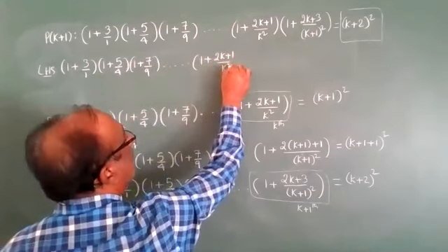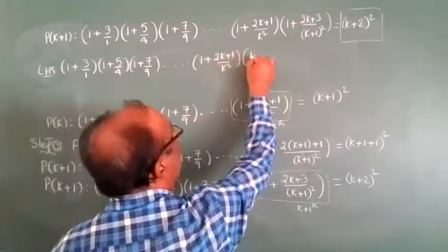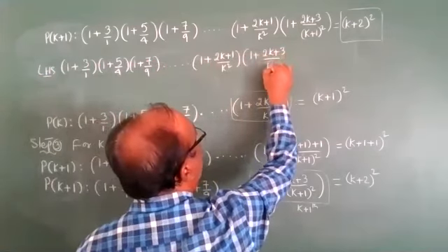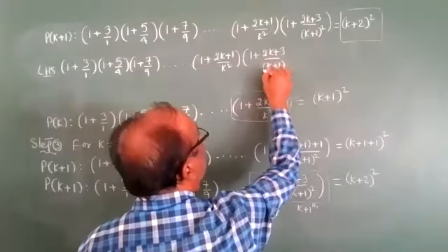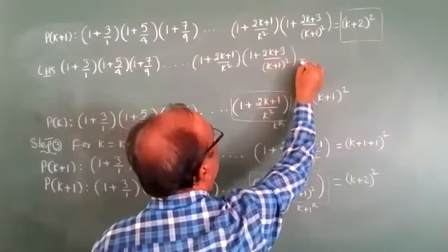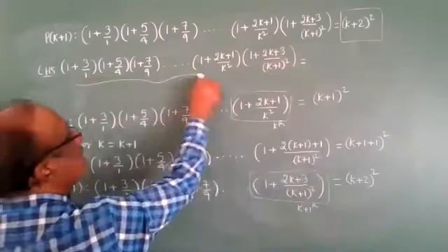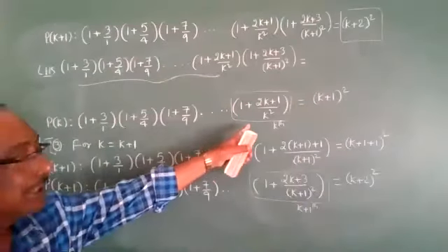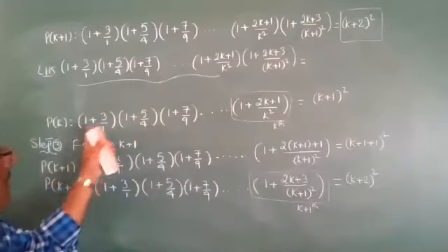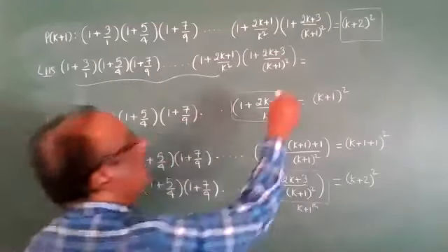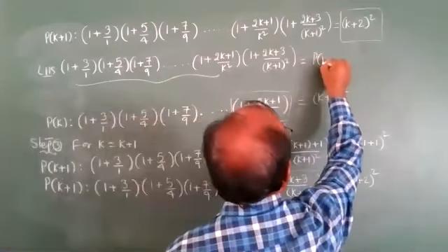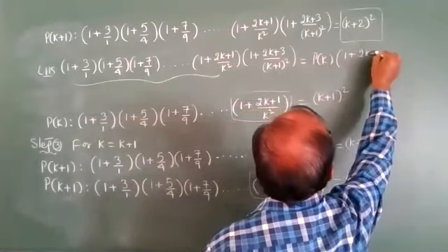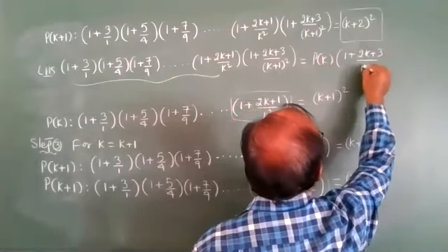This is the kth bracket, into the k plus 1th bracket (2k plus 3) by (k plus 1) square, is equal to, now up to this is P of k bracket. Up to kth term is the P of k bracket. So P of k into the k plus 1 term (2k plus 3) by (k plus 1) square.